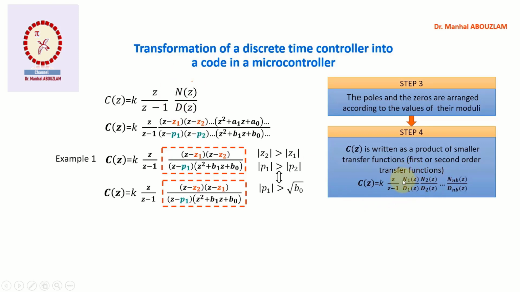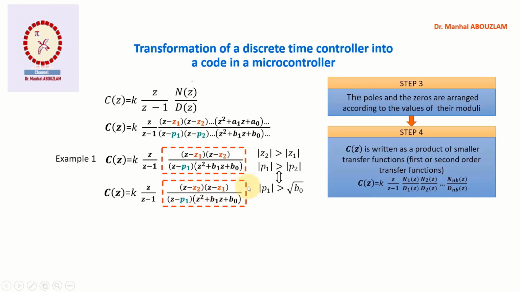Each transfer function, each block, can be a first order transfer function or a second order transfer function. That depends on the degree of the denominator of each block. If I take this small transfer function, if the degree of this polynomial is 2, we have here a second order transfer function.